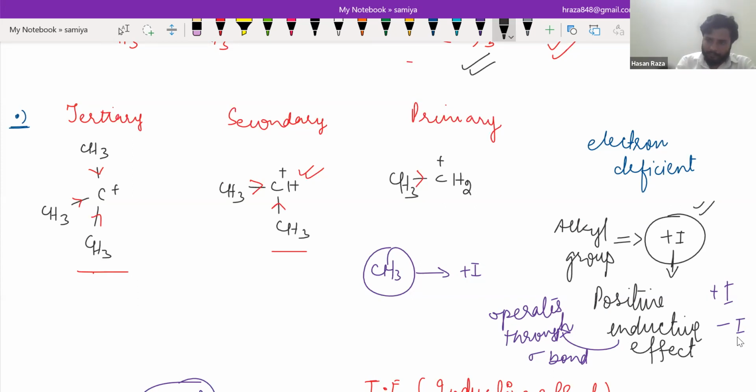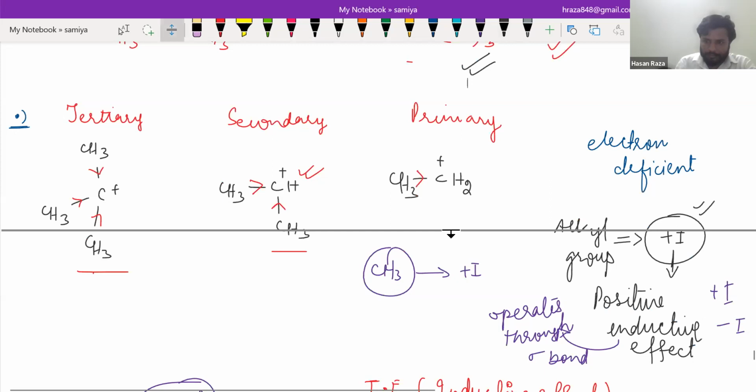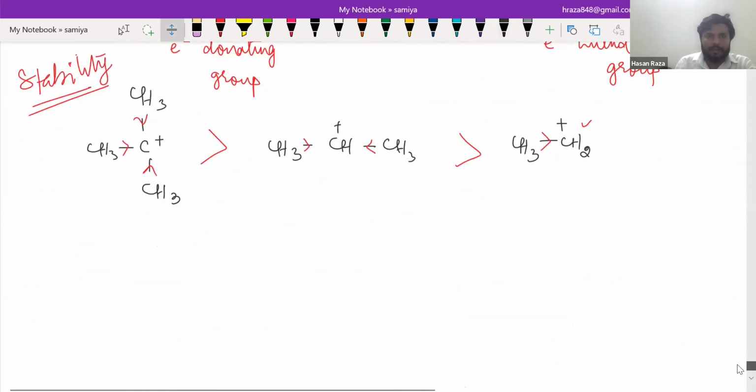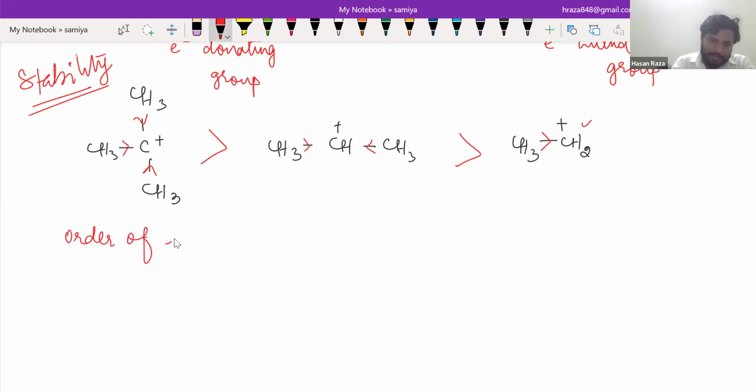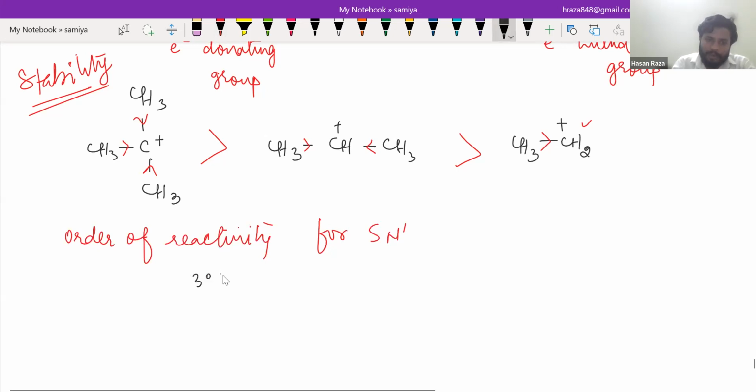So the order of reactivity for SN1 is 3 degree more reactive, then 2 degree, and then 1 degree.